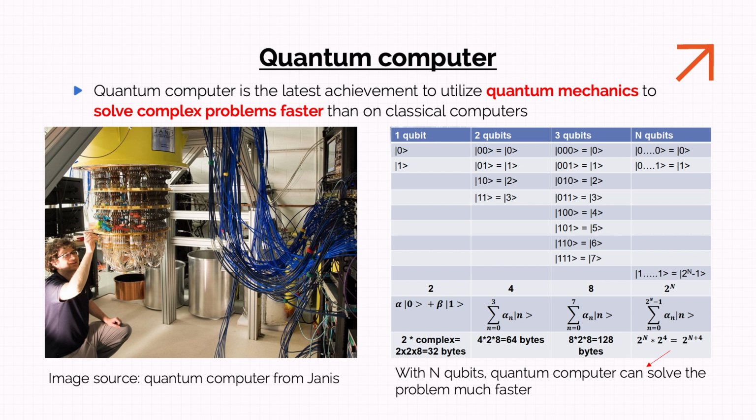In the last column on the right side, n qubits equal 2 to the power of n plus 4. So with n qubits, the quantum computer can solve very complicated problems much faster, and some models or optimizations become less complex. That is the key difference between the quantum computer and the classical computer.